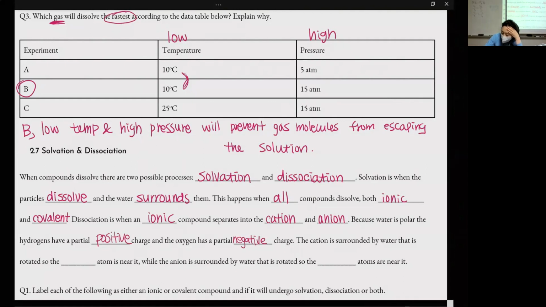The cation is surrounded by water that is rotated, so the oxygen atom is near it, while the anion is surrounded by water that is rotated, so the hydrogen atoms are near it. Actually, I will write H.